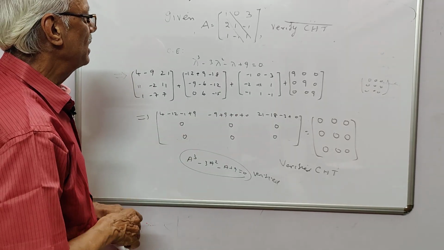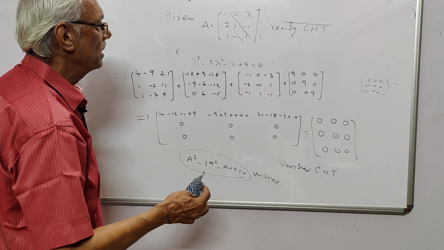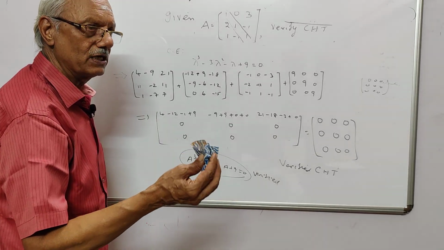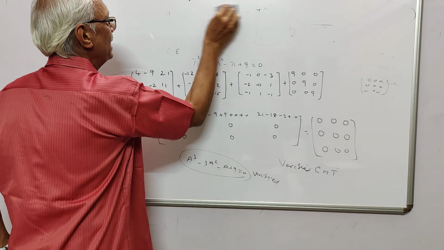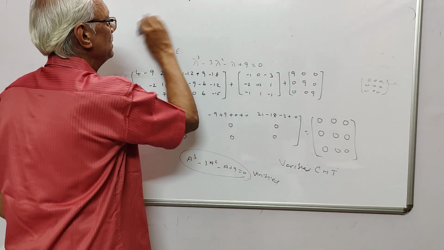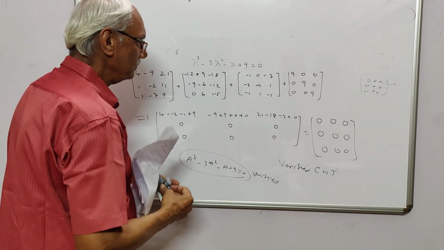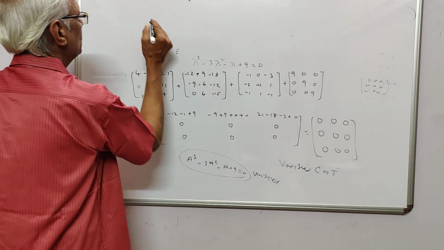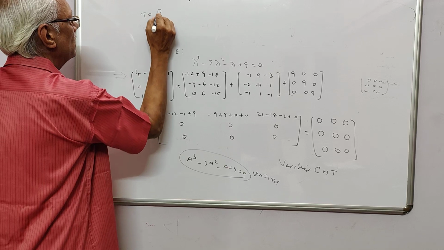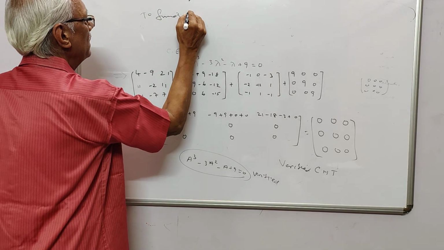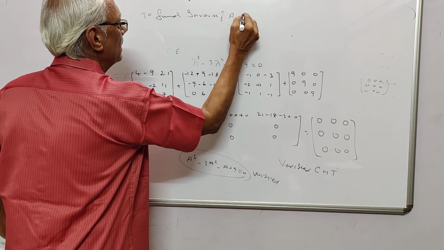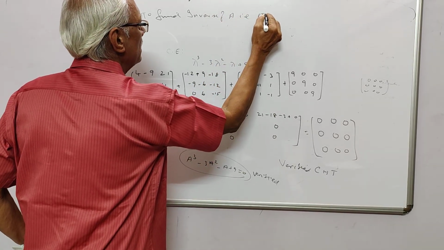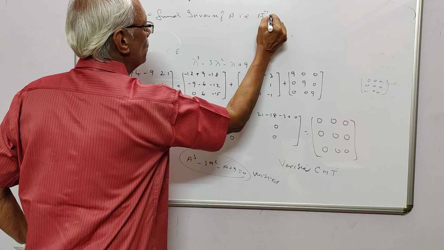Okay. Now let us find the a minus 1. To find, I'll write here second part, part 2. That is the second question. To find the inverse of a, that is a minus 1.